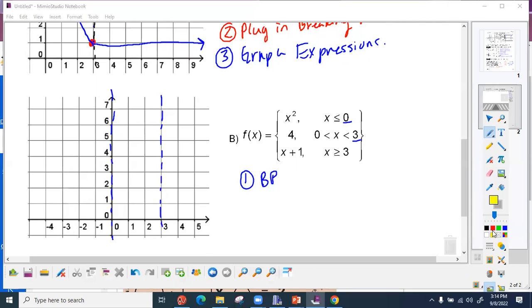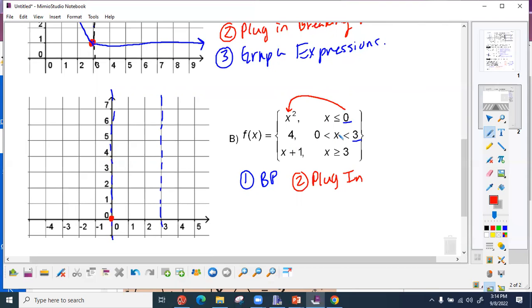Step 2 is we're going to plug in those breaking points. So when I plug in 0 to 0 squared, what do I get? 0. And is it an open or closed circle at 0? Closed. So I have 0, 0, closed circle. From 0 to 3, it's just 4.